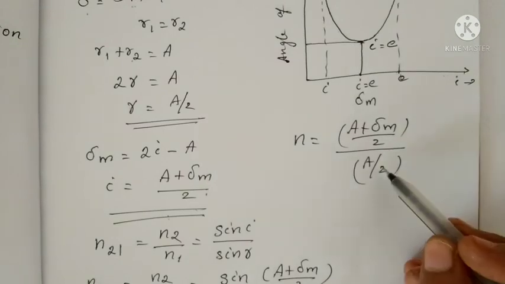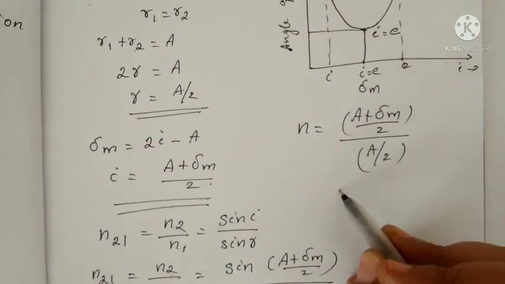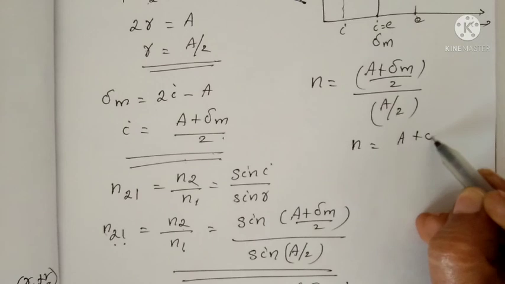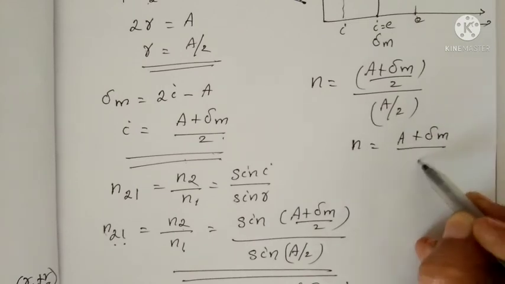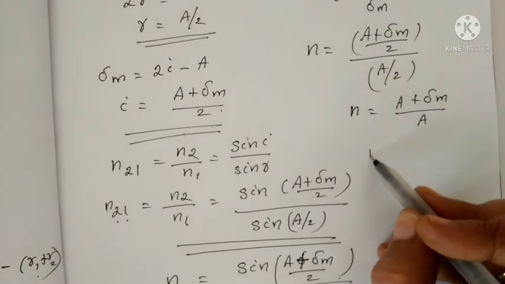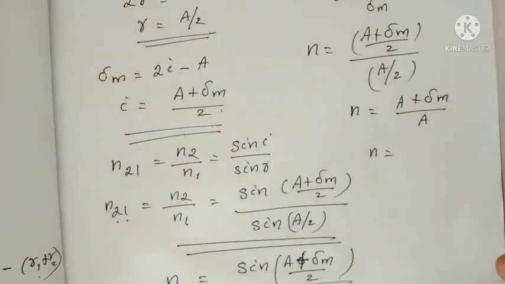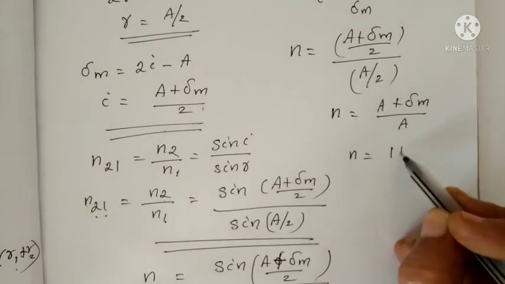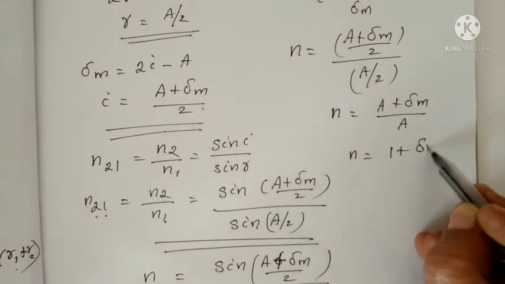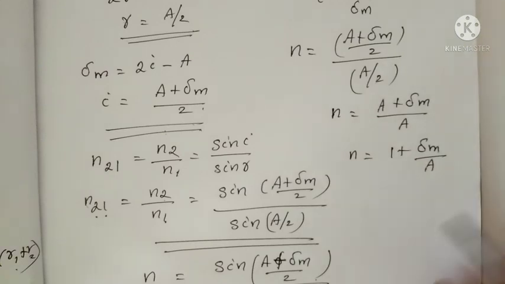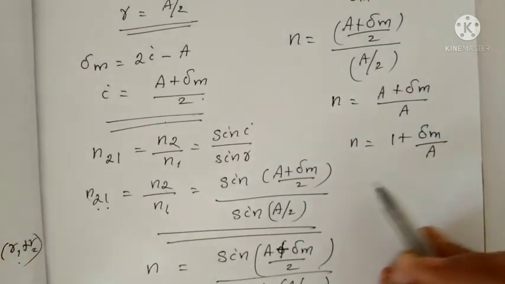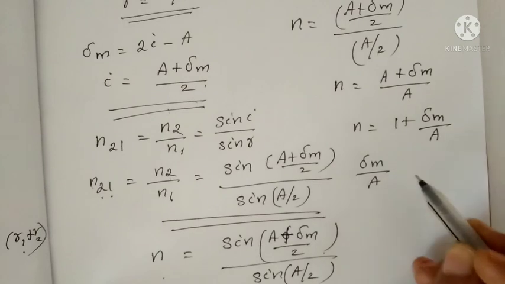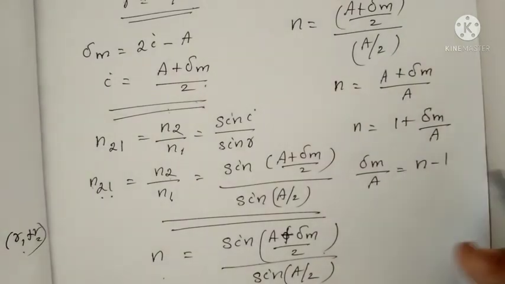Then we can cancel this 2 and 2, then we get n equal to A plus delta m divided by A. So from this equation, n equal to 1 plus delta m by A. Okay, so here again we can write delta m by A equal to n minus 1.